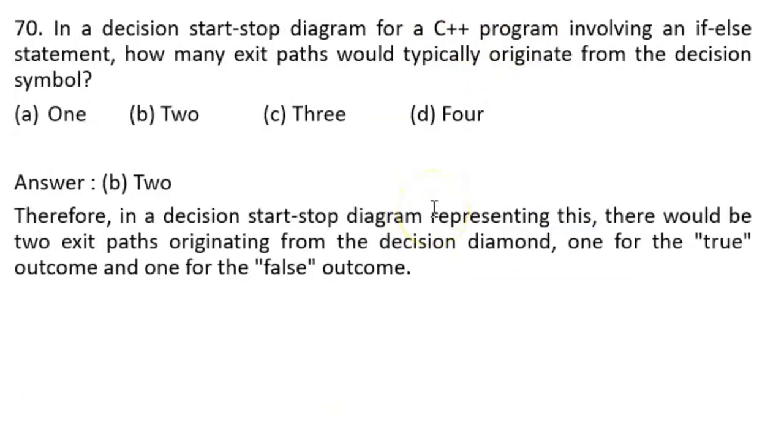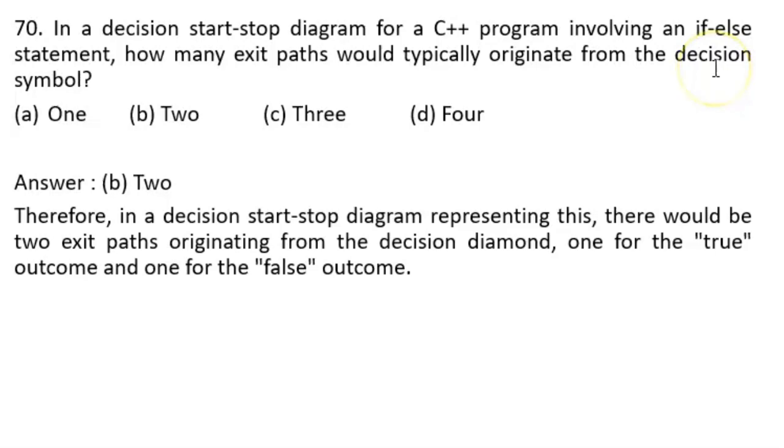And the last question, number 70. In a decision start-stop diagram for a C++ program involving an if-else statement, how many exit paths would typically originate from the decision symbol?